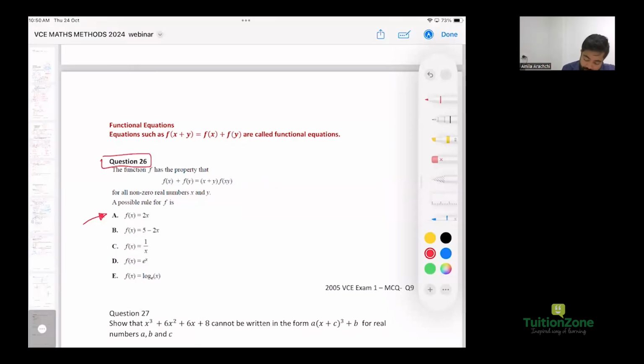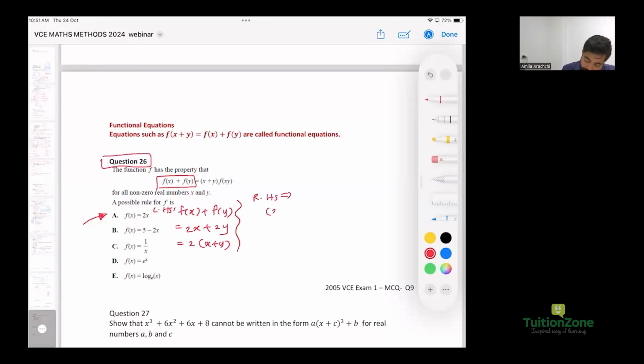Then you have to figure out what f of x plus f of y is. If you do the first one, which is A, f of x plus f of y is my left-hand side. What's f of x? 2x. What's f of y? 2y, which is the same as 2 bracket x plus y. Leave it aside, then try the right-hand side.